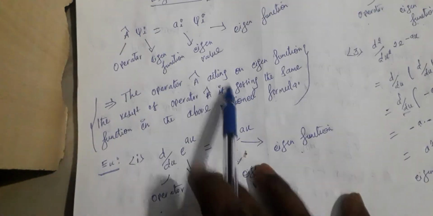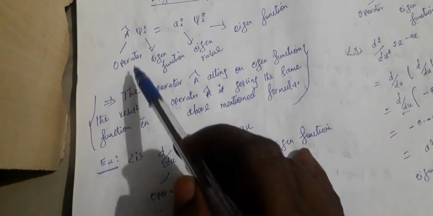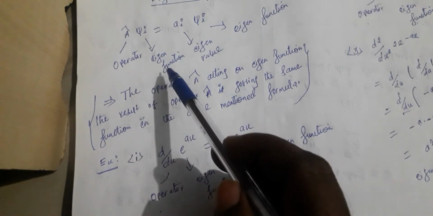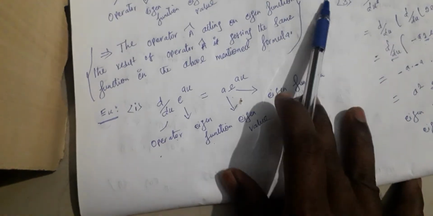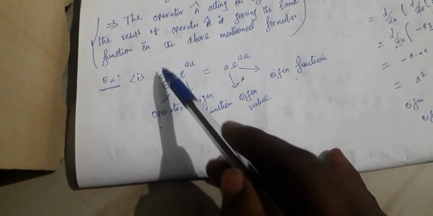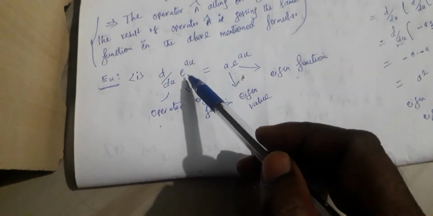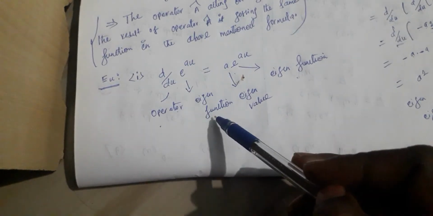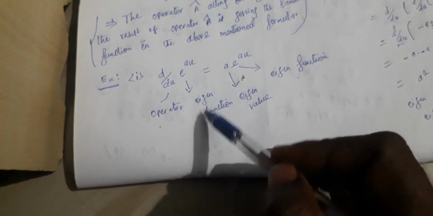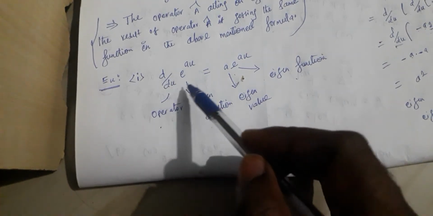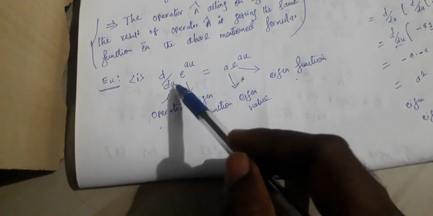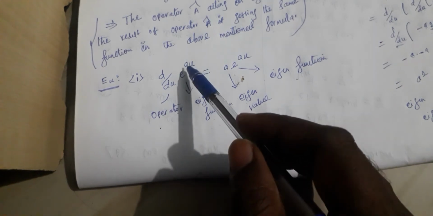We already know that A cap is the operator and psi i is the eigenfunction, same as in the formula.